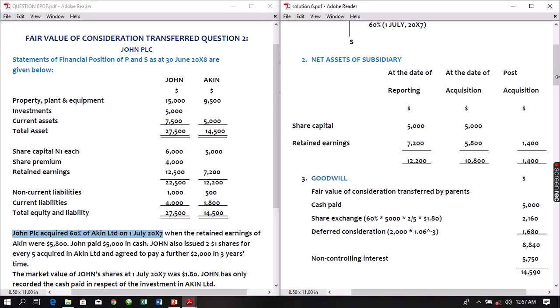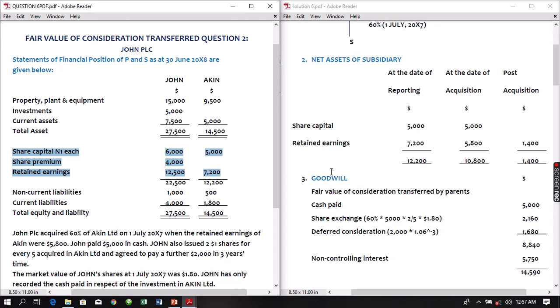And it is easy. What do I do? I come to the equity aspect of this place, and I am concerned about the subsidiary. What is the share capital of the subsidiary? 5,000. And what is the retained earnings? 7,200. Because today is the date of reporting, I will come here with 5,000 and 7,200.